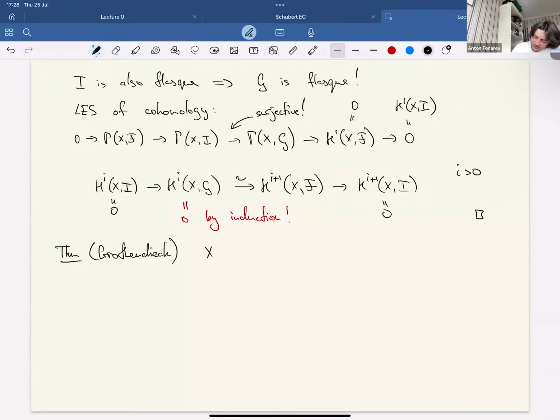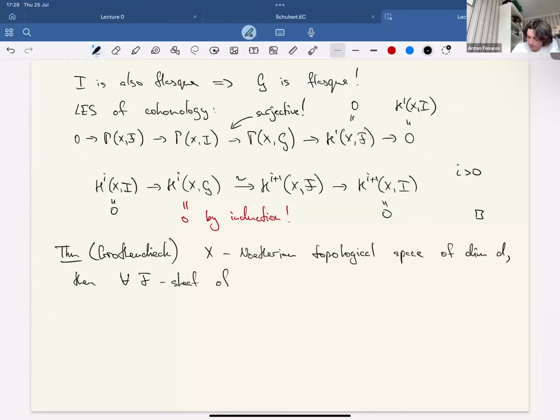Which says that if X is a Noetherian topological space of dimension d, then for any sheaf F of abelian groups, we have H^i(X, F) equals 0 for i greater than d.